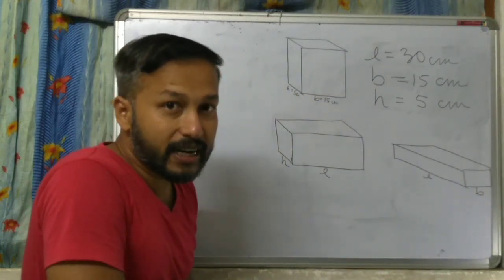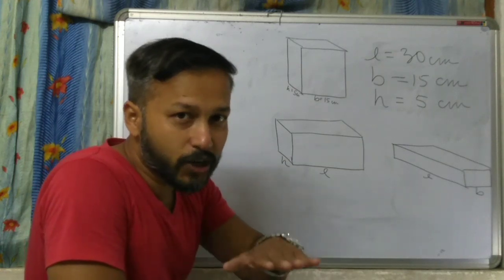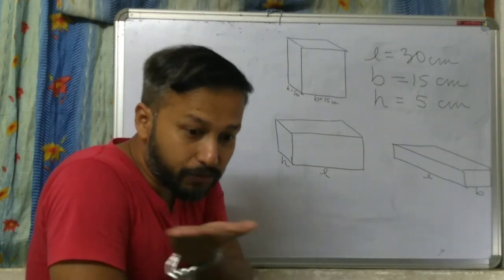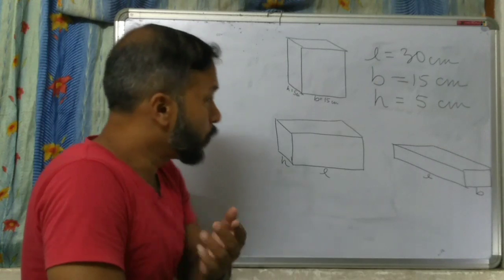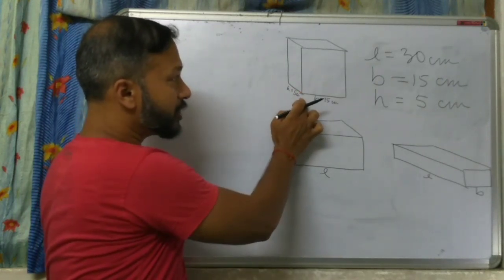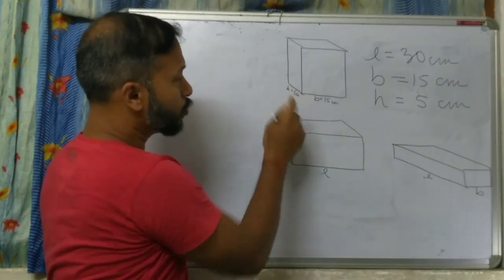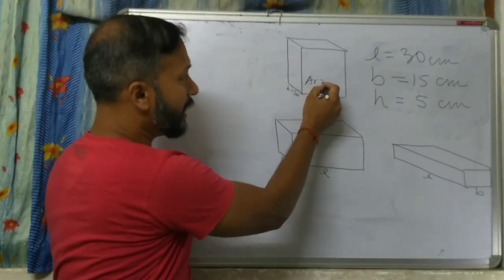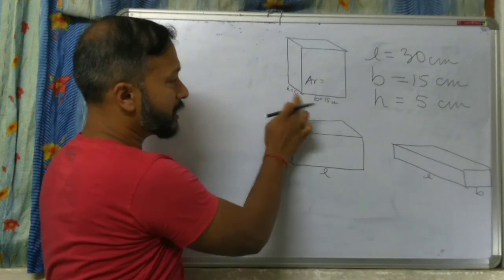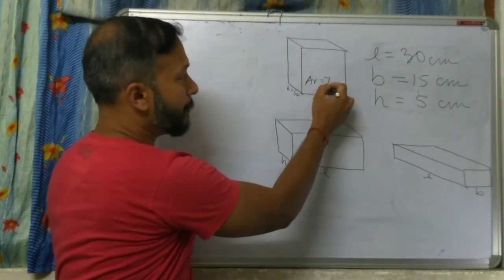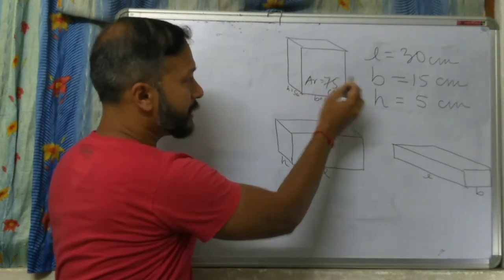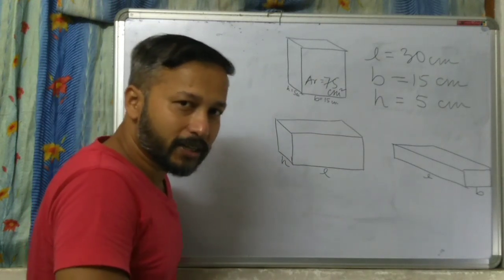Now we will find the area of the portion which is in touch with your table. What is the area which is in touch with the table? That is this and this. So what is the area? Area equal to this into this. 15 into 5. 75 centimeter square. Got it?